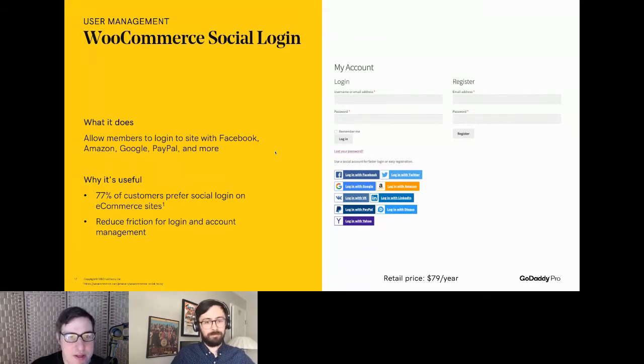I've become such a big fan of using social logins wherever I can to both create accounts and sign back into sites. Really just another great way of getting rid of things that might keep people from coming back to your site, because that's what we're all about here. And of course, social login works great with memberships. So if you're using memberships to regulate, social login works great with that too.